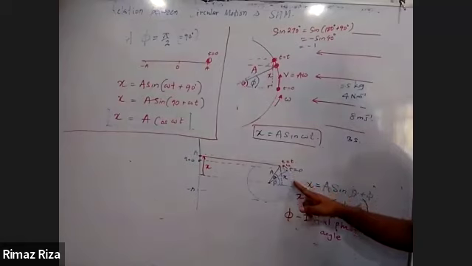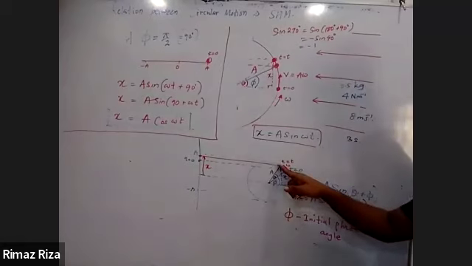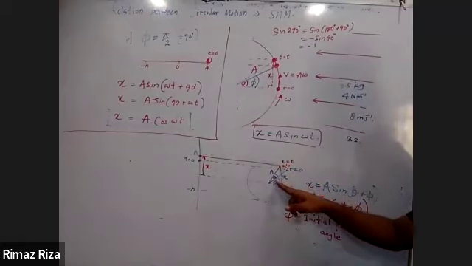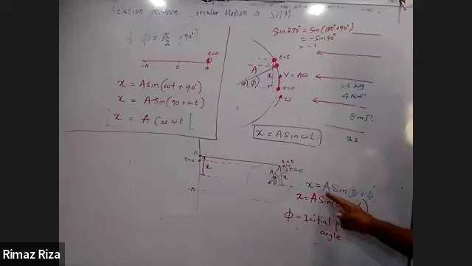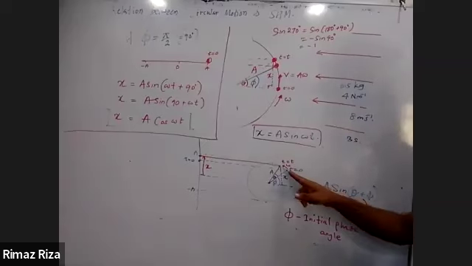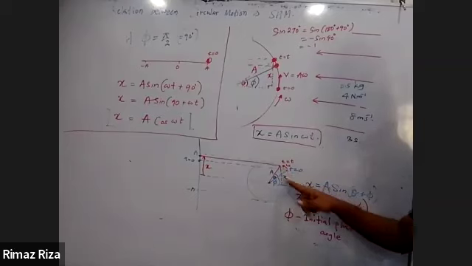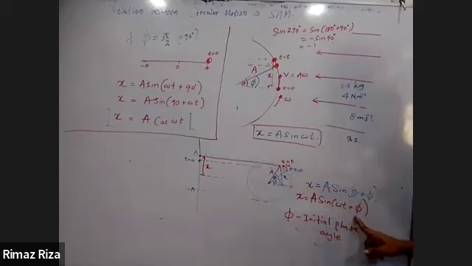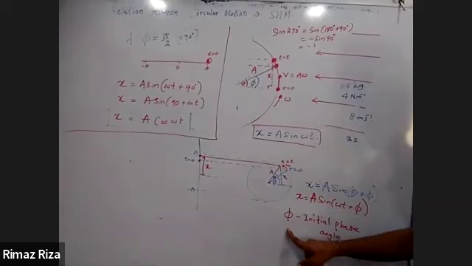So if you have an initial angle, the total angle will be theta plus phi. So x equals a sine of theta plus phi, where theta is the angular displacement due to the angular velocity. So that is omega t plus phi. So phi is known as the initial phase.